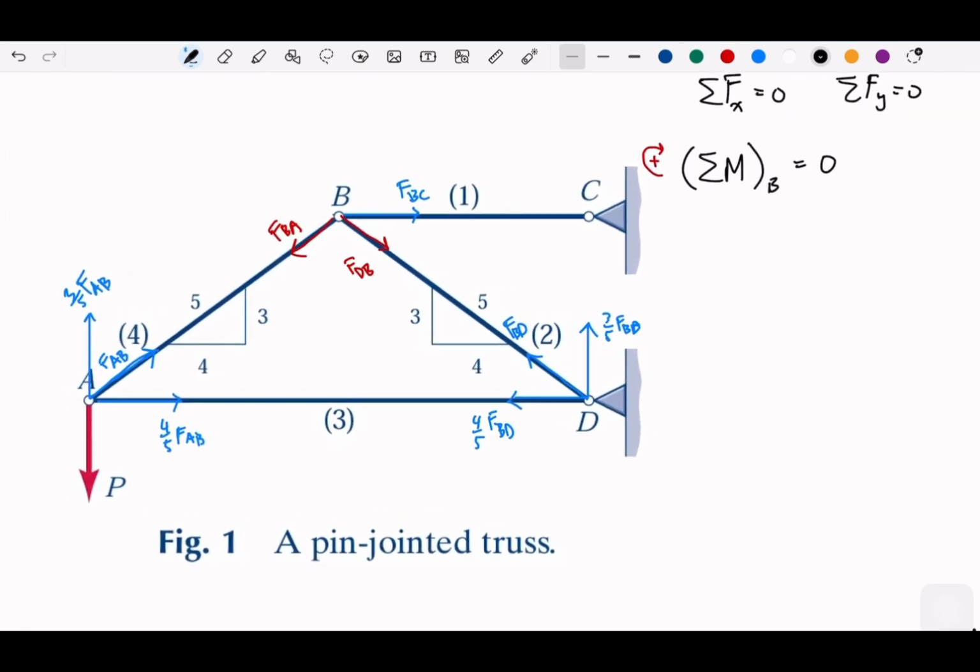Okay, so I think we need to have some assumption here for the distance. So if this is L, this is L. Or maybe if this is L, L over 2, L over 2.